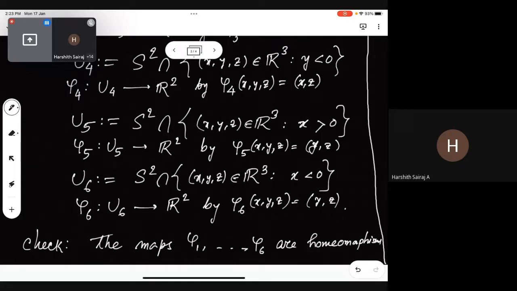All right, this is easy to check. Inverse is also very easy, right? So what would be the inverse of phi6? Can anybody tell me what will be the inverse of phi6?